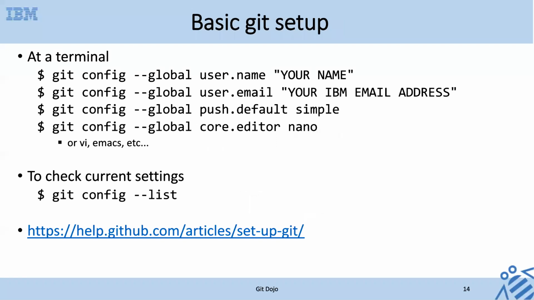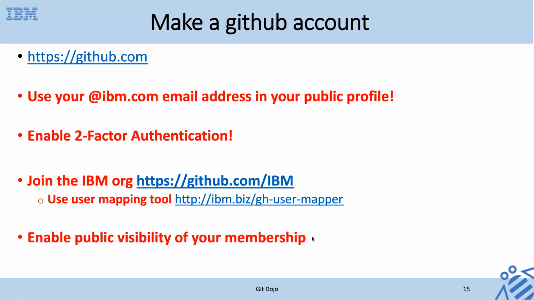GitHub obviously has an opinionated way to set up Git, and please go to that if you have issues. This is IBM-specific stuff, so if you're an IBMer, please check this at the end and get your user mapped.